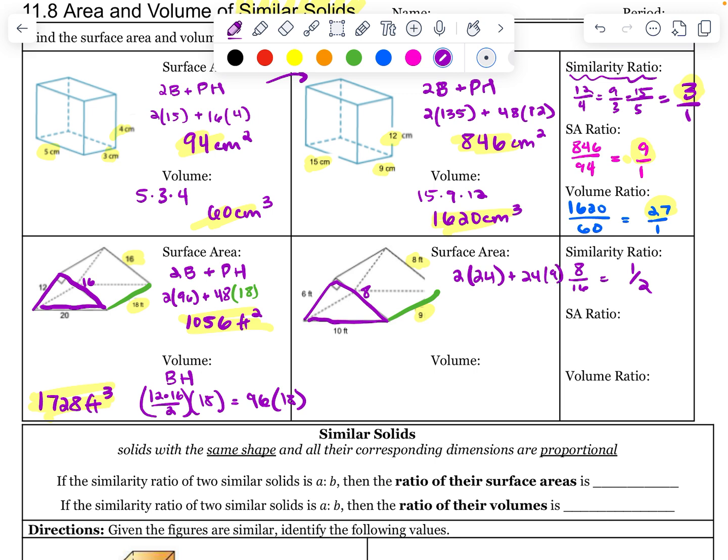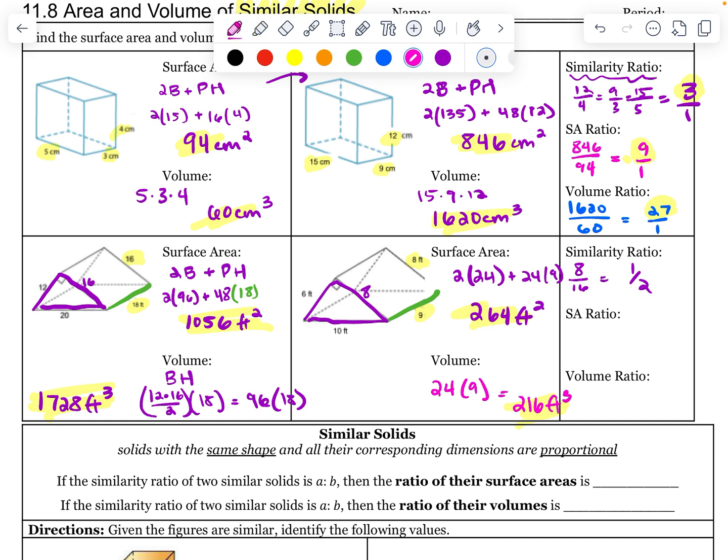So 2 times 24 plus 24 times 9 is 264 square feet. And then my volume is area of the base times the height. So the area of the base was 24, the height was 9, 216 cubic feet. All right, so let's see what these relationships end up being, what these ratios end up being.